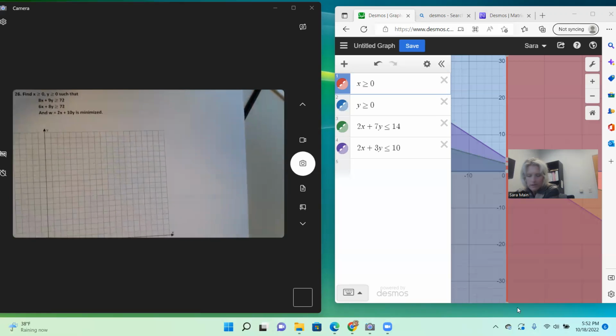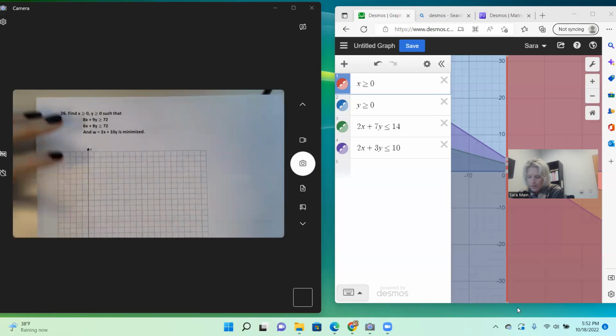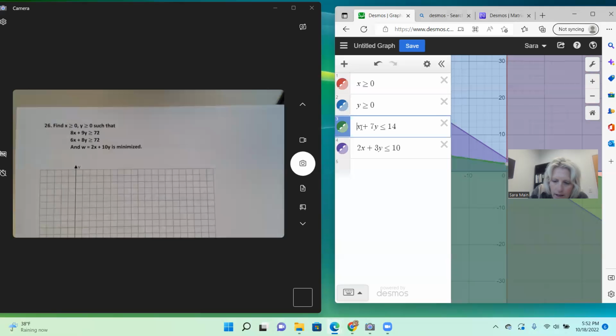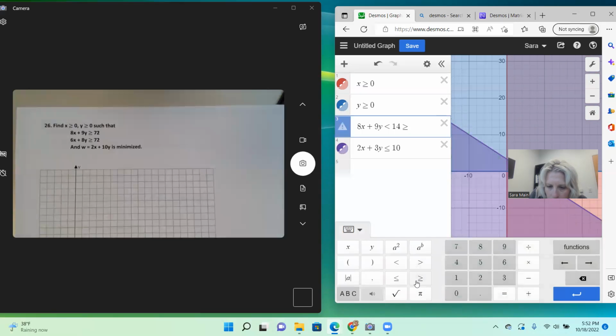Okay. Here, this time we want to minimize our function. So x and y are both greater than or equal to 0. This time we have 8x plus 9y is greater than or equal to 72. So I've got to change my greater than or equal to.